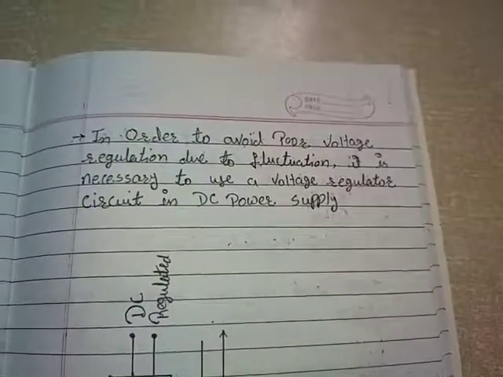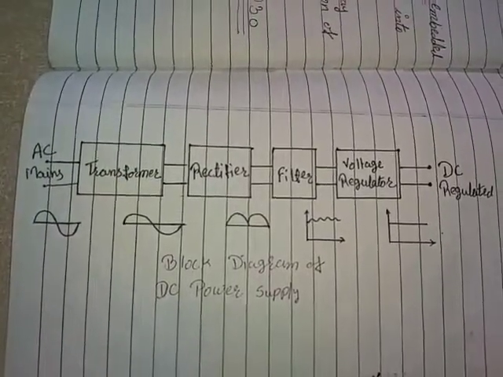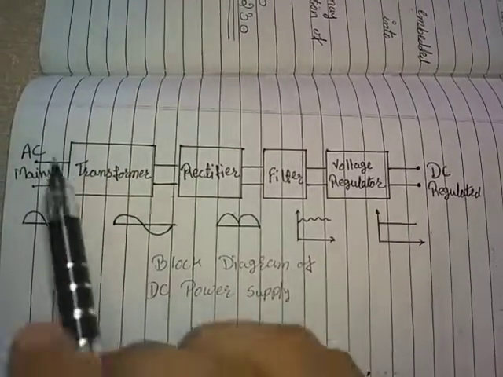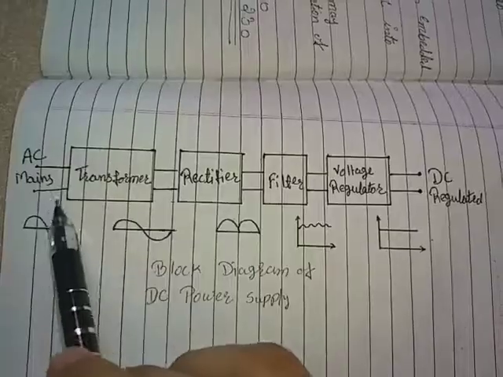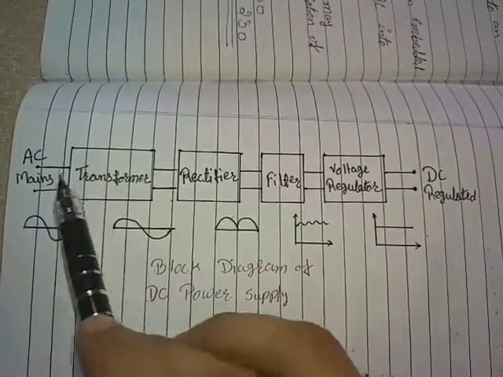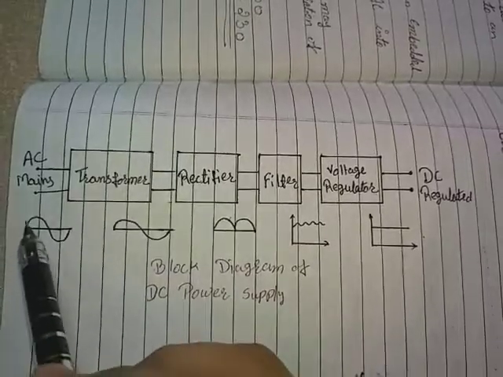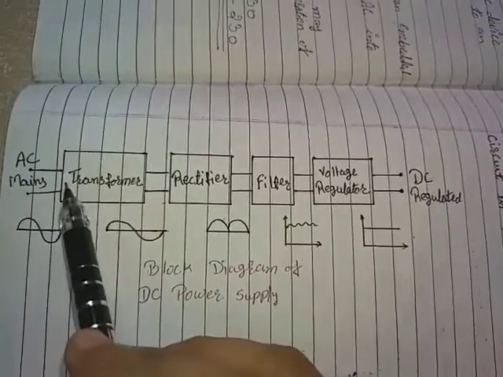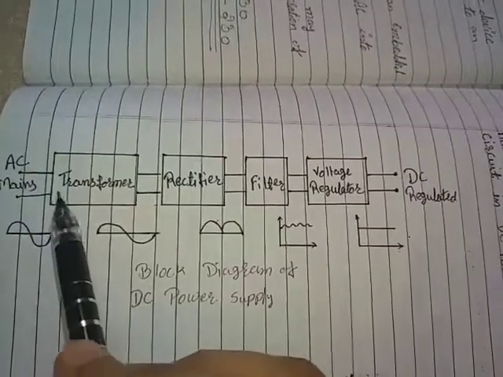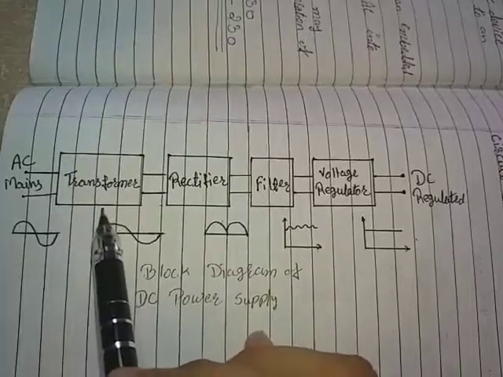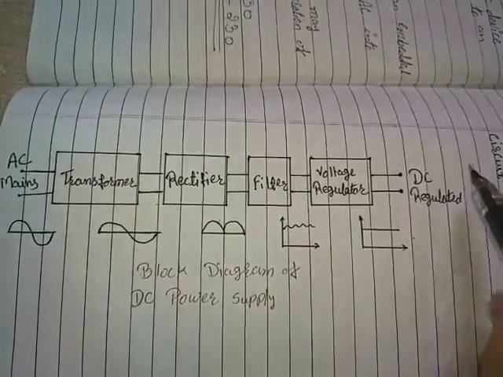Now, here is the block diagram of DC power supply. Here is the AC main. The AC main is given to the transformer. Here is how the waveform of AC looks. The transformer steps down that AC into the required output voltage.